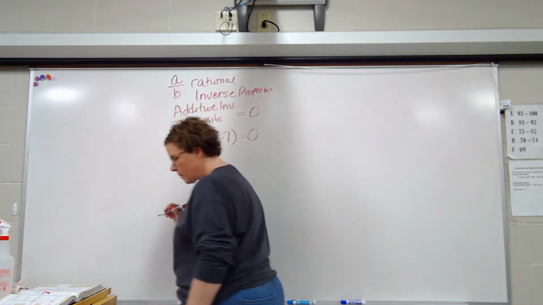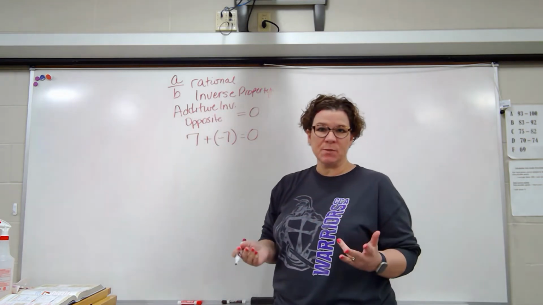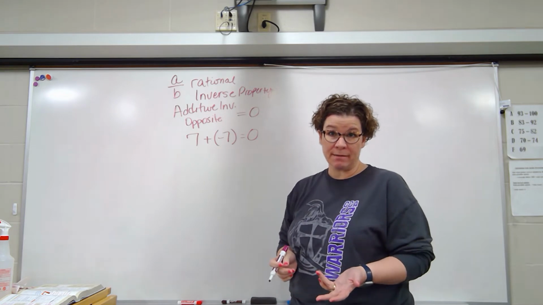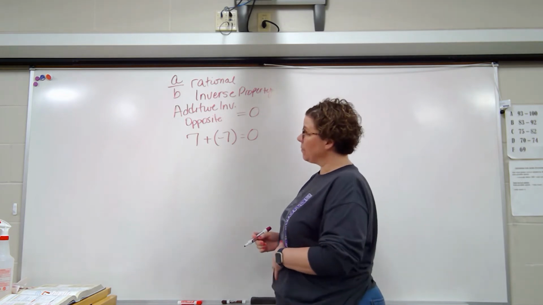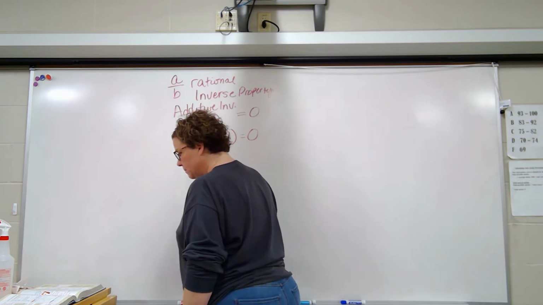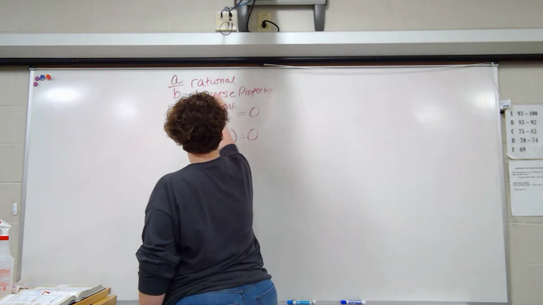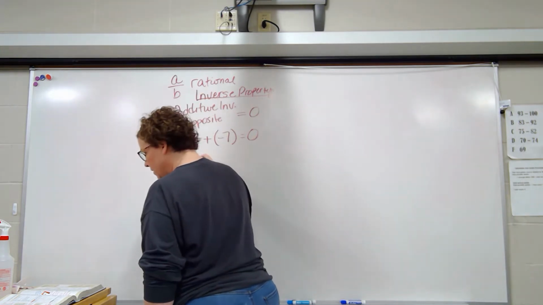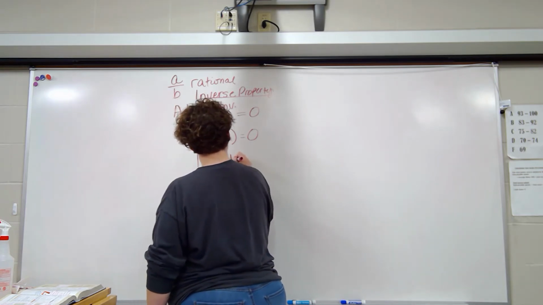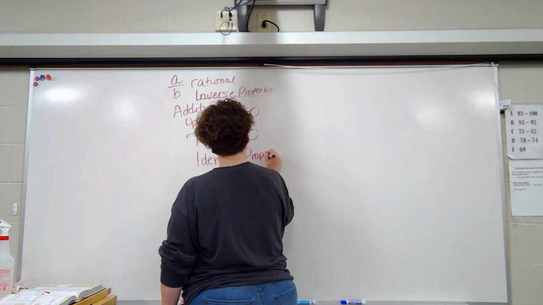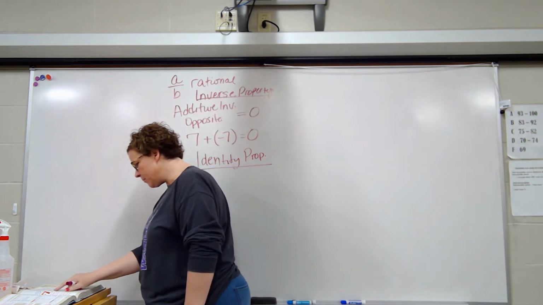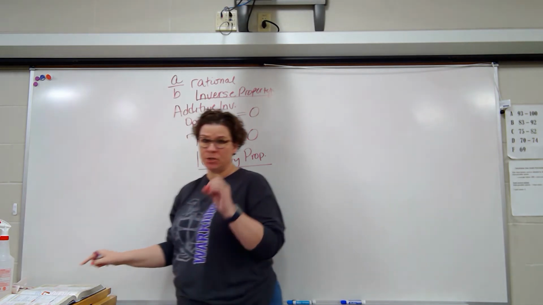Okay, you guys have used these properties for years. We just probably have never named them like this. So that's what makes these so difficult to kind of remember. This is the inverse property of addition. The identity property of addition is the sum of a number and the additive identity, which is 0.